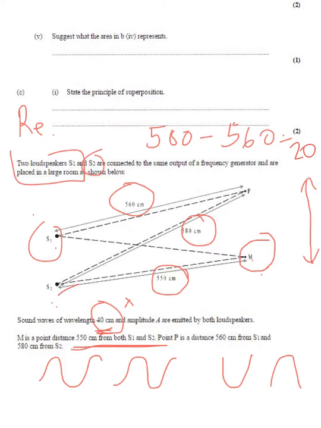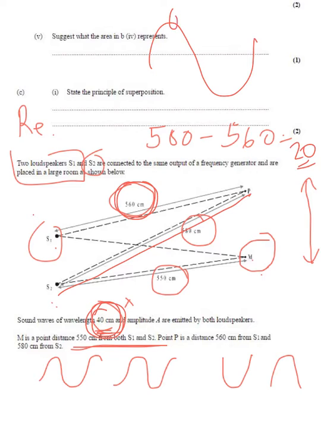That means that this wave is 20 centimeters bigger than this one, which happens to be half a wavelength. If we look at half a wavelength, that means that when the crest of this one arrives, the trough of this one arrives. They are in antiphase. You've got destructive interference. So what you've got is a quieter part.